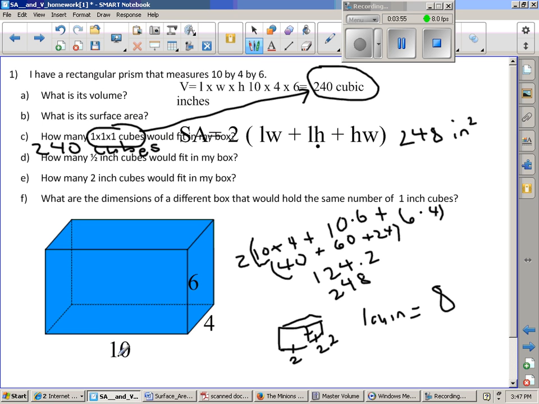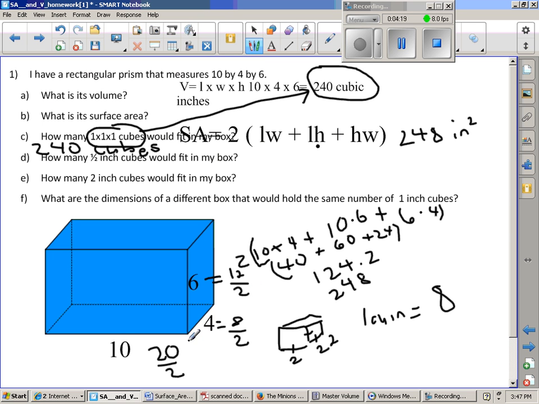So if I think about this 10 and I divided this up, 10 in halves would be 20 halves. So on this side I would have 20 little cubes that could fit, and on this side I would have 8 little halves that would fit, and on this side I would have 12 little halves that would fit.